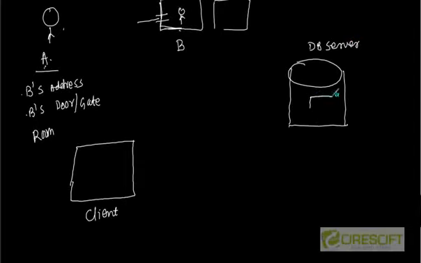Let's say the user is Scott. Now how is this client going to connect to Scott? The first thing the client needs to know is the machine name where this database server is running, the IP address or machine name.